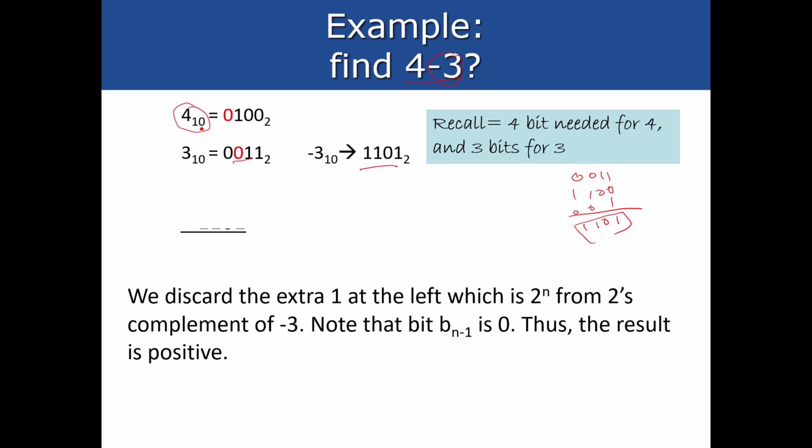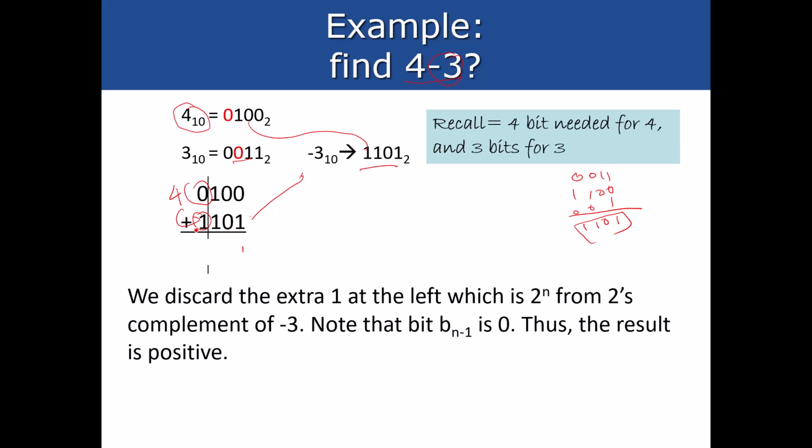Once we have that, I'm going to add these two. This is 4, and this one is negative 3. This means I add them up. So when you add 1 plus 1, and 1 plus 0 is 1, and so on, we're going to see the operation. But here it's really important to know this part is the sign bit. This indicates that the number to the right is negative, and this indicates the number to the right is positive.